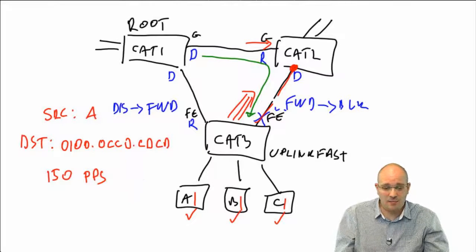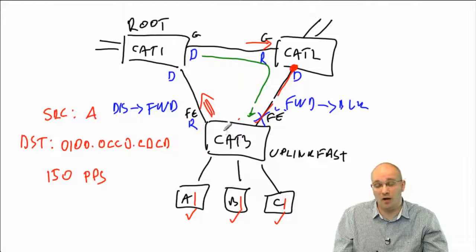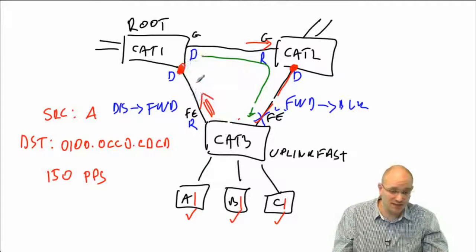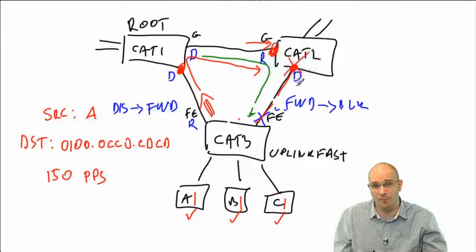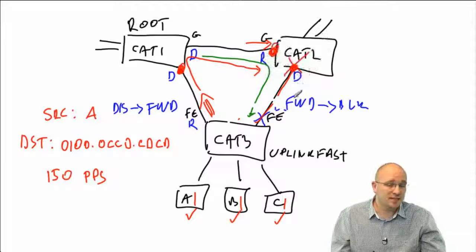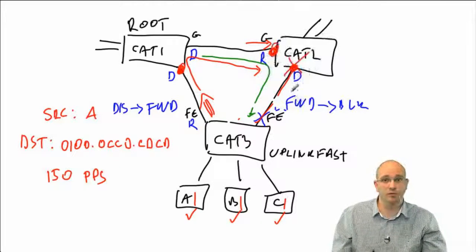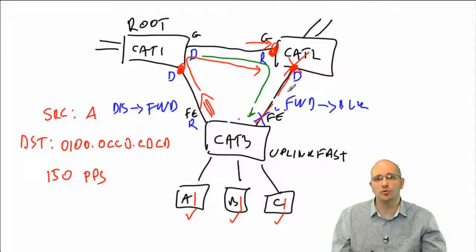We are going to start flooding the traffic on this interface towards Cat1, making sure that Cat1 learns these MAC addresses. Because these are multicast frames, they're going to go out to Cat1 and reach Cat2, so Cat2 is going to learn them from here and unlearn them from this interface. So you can see how UplinkFast can improve the performance. Let's try to see it in action.